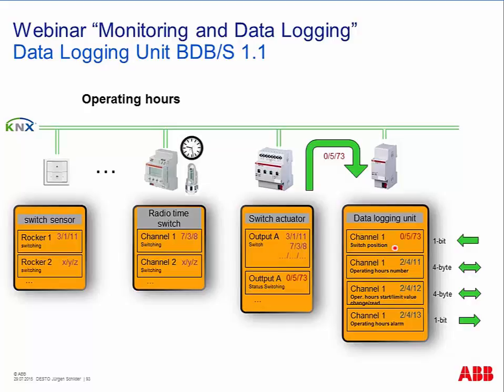When it's switched on, it starts to count upwards our operating hours. With this object, operating hours, we can see exactly this value on our KNX panel or visualization. Now when we want to change, for example, the value of our threshold, we can send it as a 4-byte value to the object start limit value change.